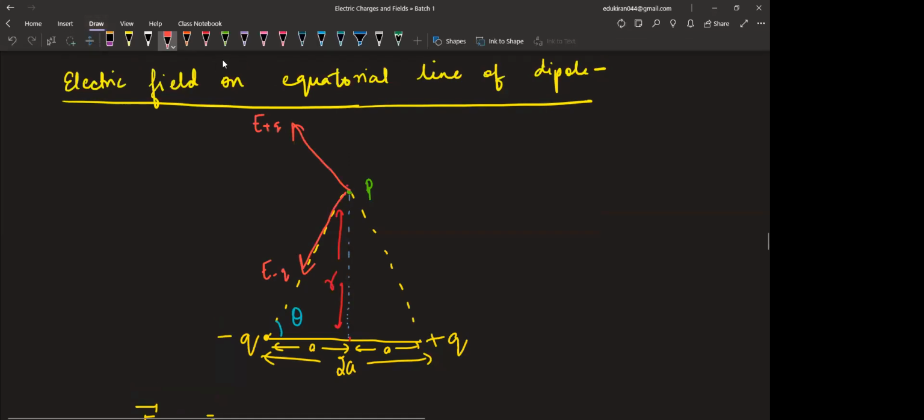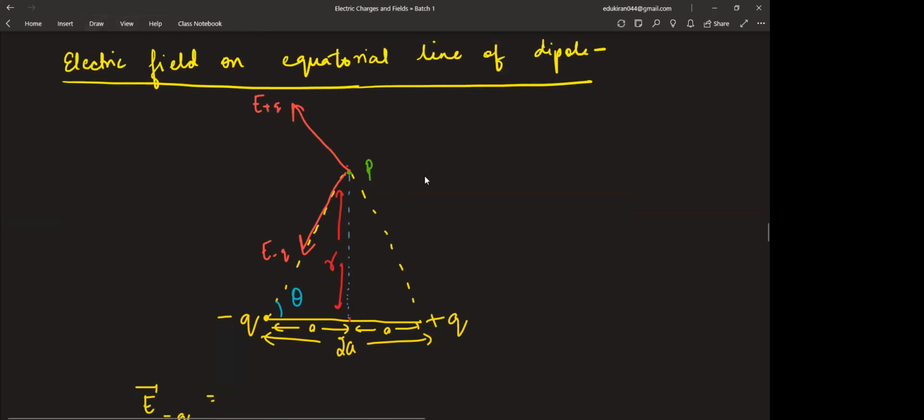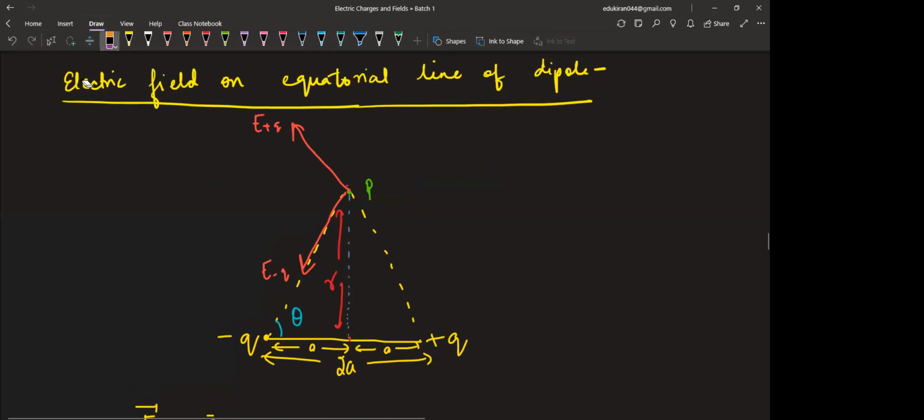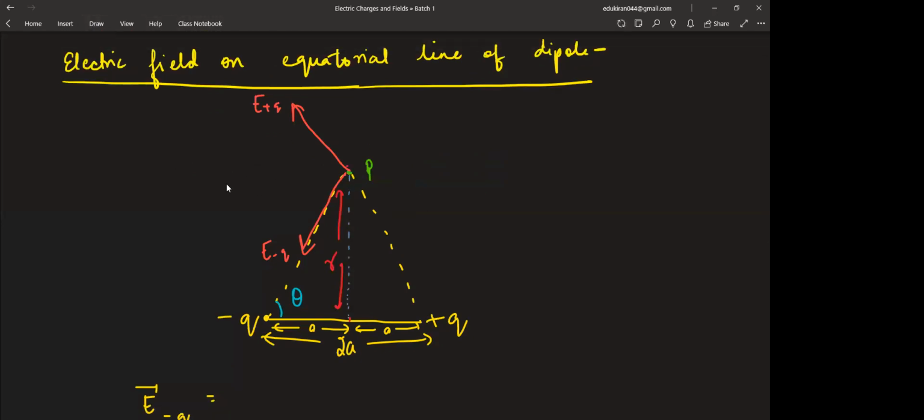Now look, I have to resolve the vectors. This will be theta. This will also be theta. Why? See, this is theta. This is 90°. 90 minus theta. Total is 90.